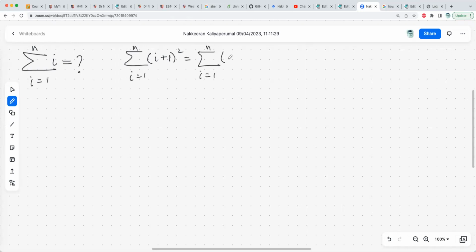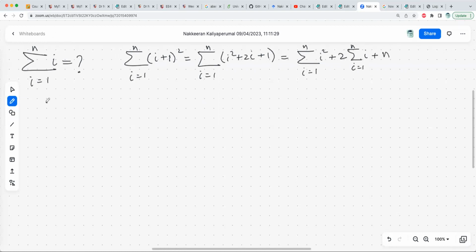This can be expanded as i squared plus 2i plus 1. Now the summation can be distributed: the summation of i squared, plus 2, which is independent of the running variable i and can be taken outside, times the summation of i, plus our n itself. That one will add up n times, so that will be n. So this is one side we deal with.